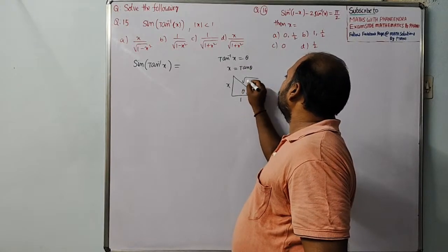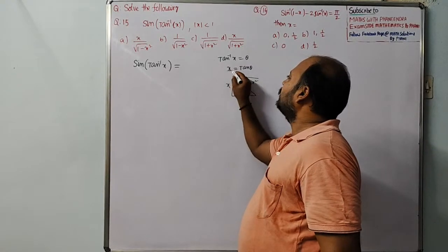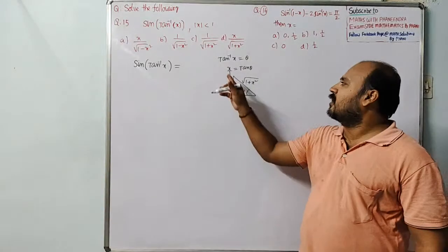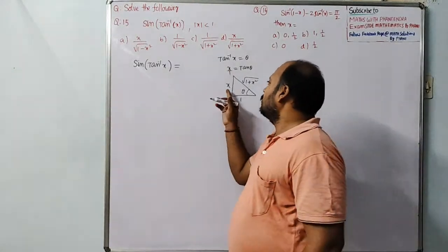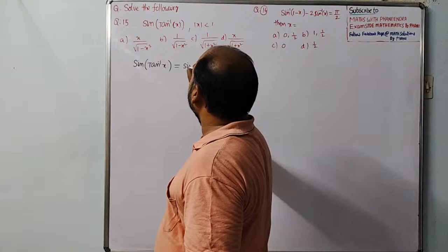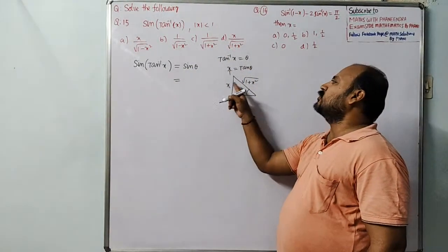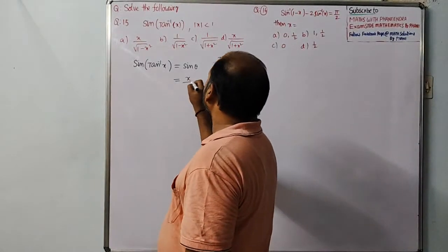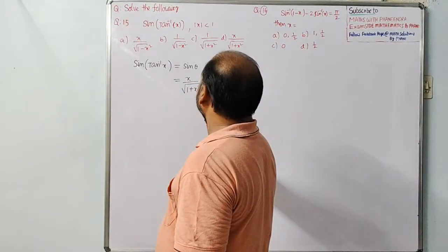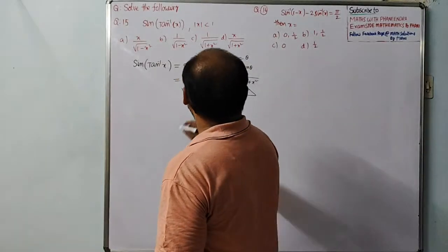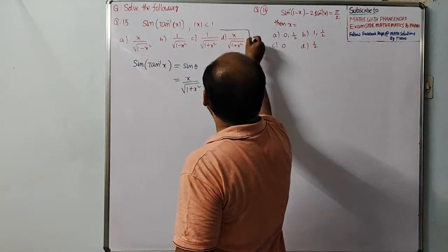So obviously this is root of 1 plus x square only. No? x means what? 1. Tan theta definition is opposite by adjacent side. So we got it. Tan inverse x equal to theta. What is sin theta from this figure? Opposite by hypotenuse only: x by root of 1 plus x square. So it is there in the fourth option, dear students.